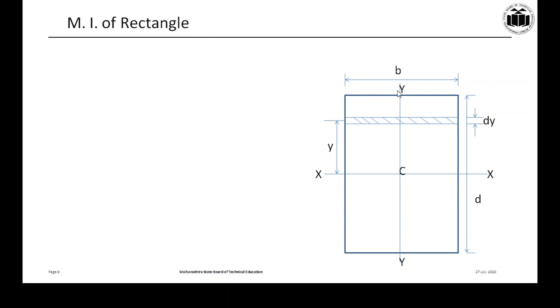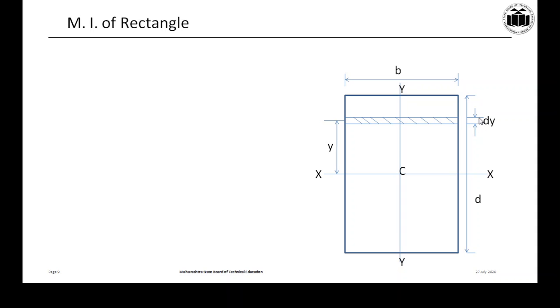The figure shows rectangle of width b and depth d. It shows horizontal x-axis and vertical y-axis passing through the centroid of rectangle. It also shows a rectangular elemental strip of width b and thickness dy.